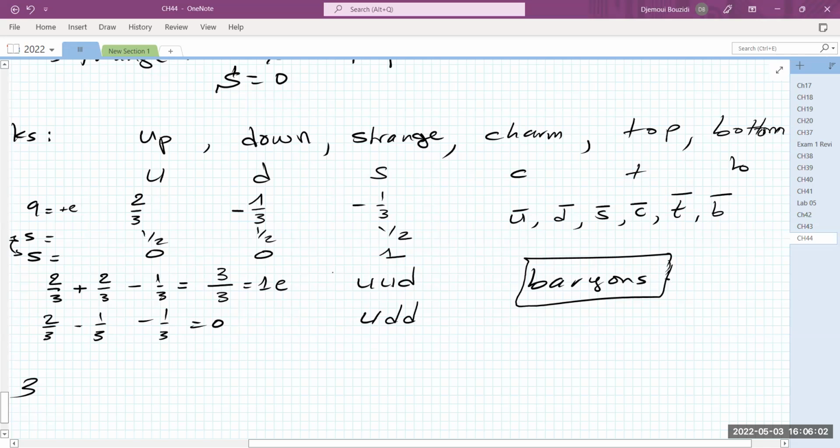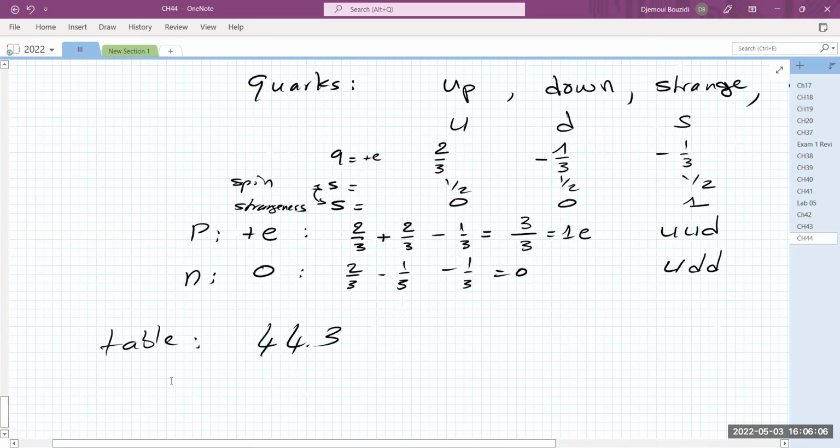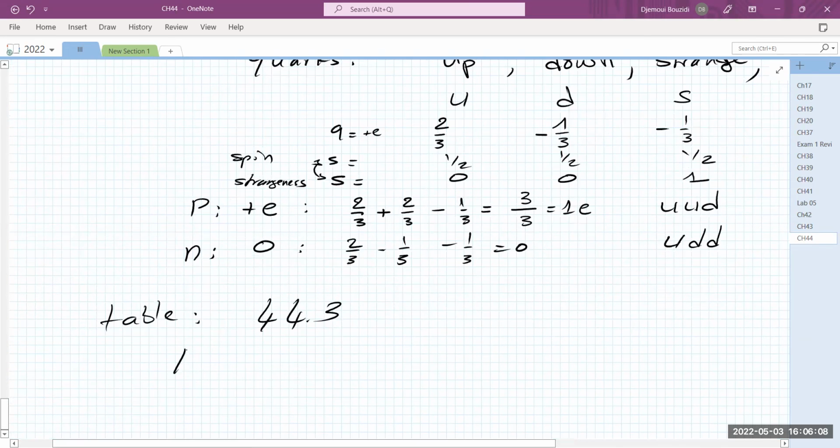But if you look at the table in there, the baryons are not just that. There is a lambda naught particle. This has a charge of 0. So whatever I need to combine in here, I have to get 0 out of all of these numbers. So the lambda naught particle is UDS. Again, if I look at the chart, U is 2/3, D is negative 1/3, and S is actually negative 1/3 also. So that still gives me a charge of 0.